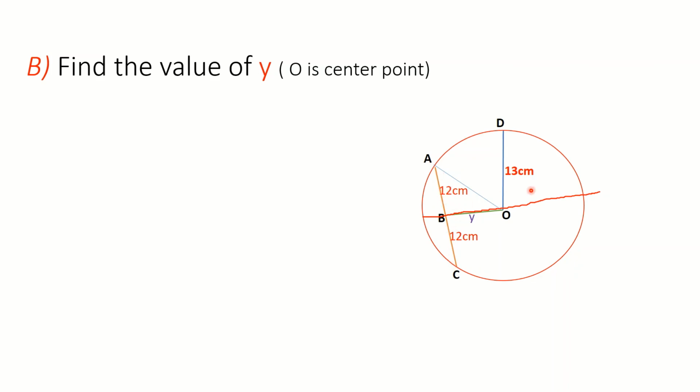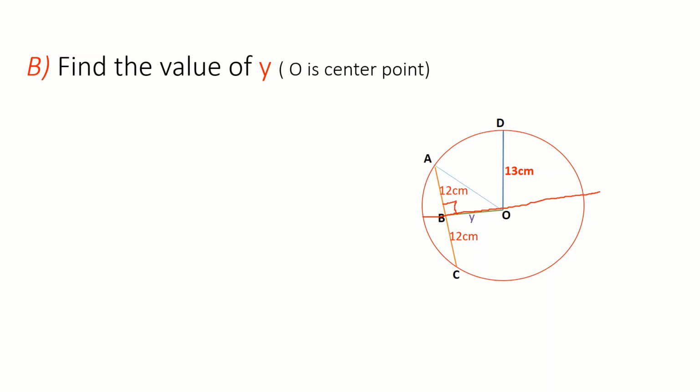Then this diameter is perpendicular to this chord from the previous concepts. When the diameter passing through the center bisects the given chord, it's also perpendicular to that chord, which means this angle is also 90. This angle is also 90.